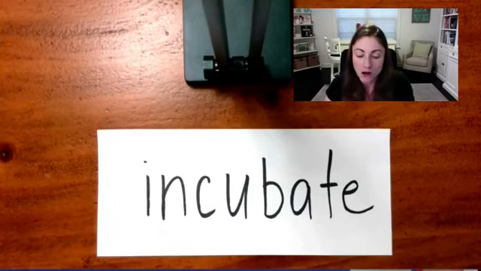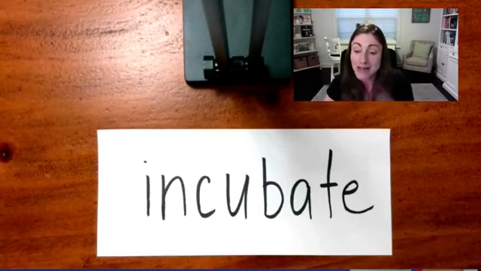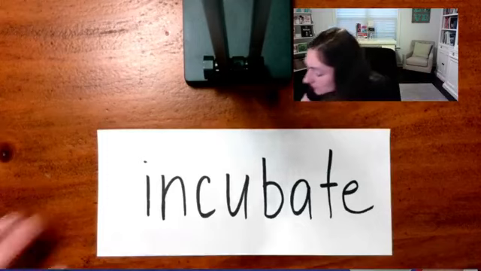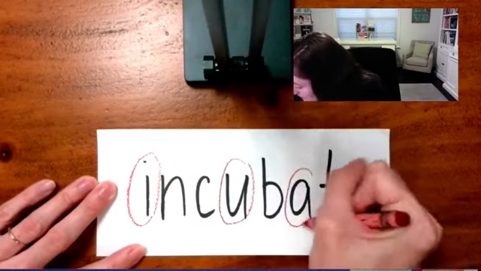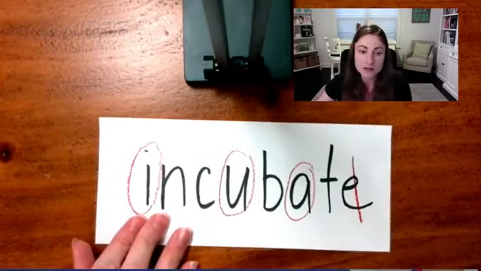And so on this little poster that I showed you a lot earlier, it says circle the vowel sounds, not just the vowels that are written on the page, but the vowel sounds. Some vowels do not make a sound, right? So I'm still going to circle my vowels, but I'm actually going to cross this off so that I know that it's not a vowel sound.